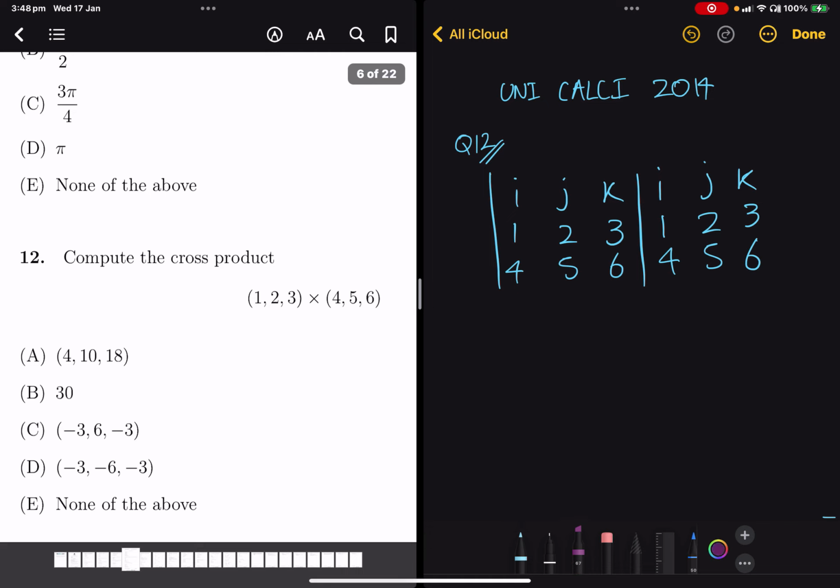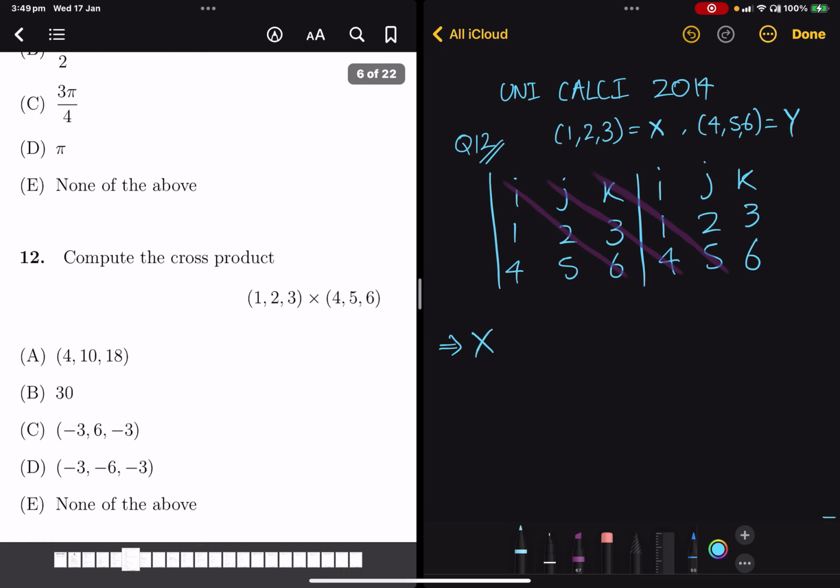Now we are going to multiply i, 2 and 6, j, 3 and 4, and k, 1 and 5, and add them all together. We'll call 1, 2, 3 the vector capital X, and 4, 5, 6 capital Y.